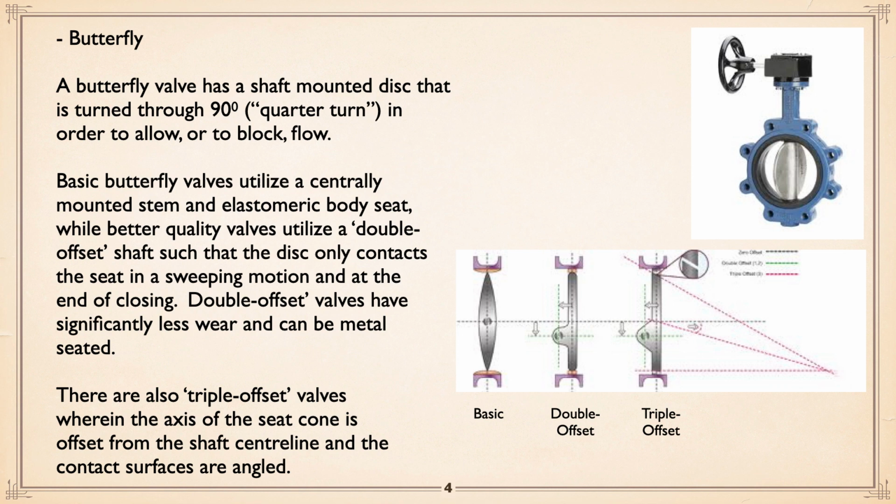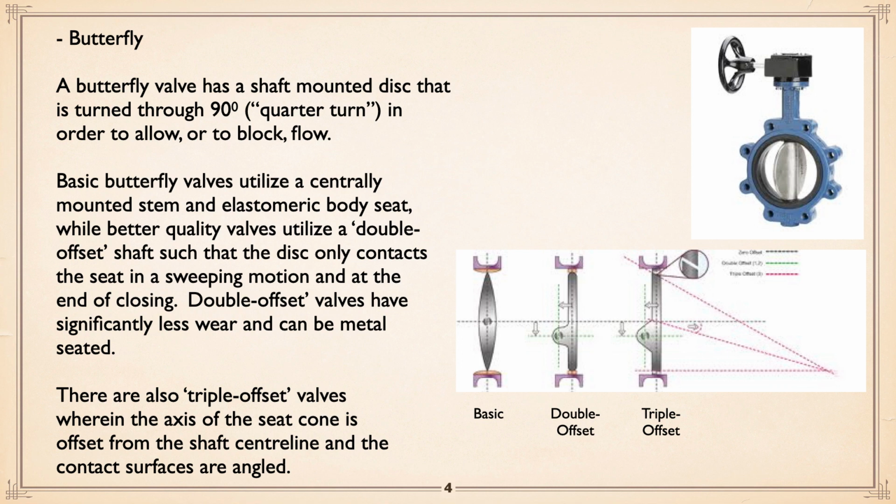Now, you can see the one in blue is a basic valve, like is shown in the drawing there. Basically, it just turns and uses the rubber, the black stuff up there, the elastomer, to do the sealing. Double offset has kind of a wiping action to it. The seat at the bottom pulls off the disc to the right, and at the top it will pull off to the left when it's opened up.